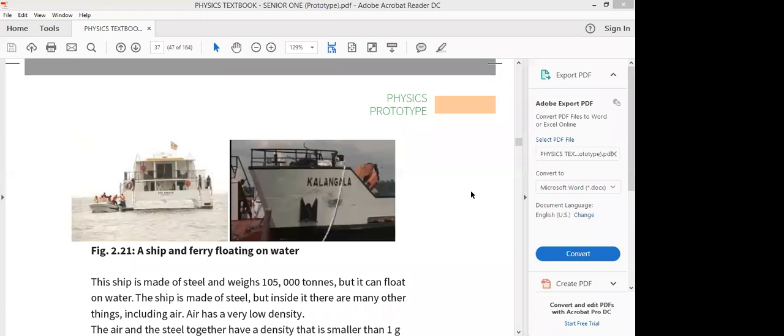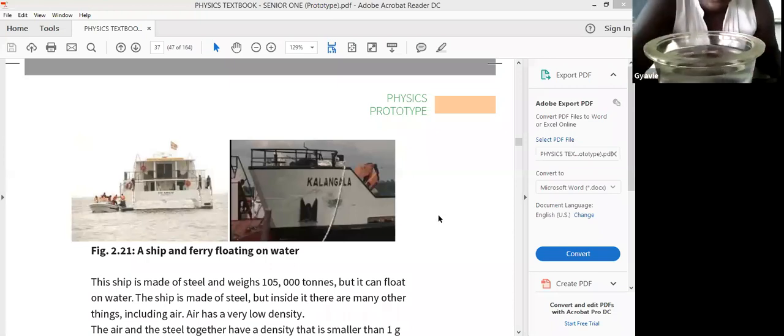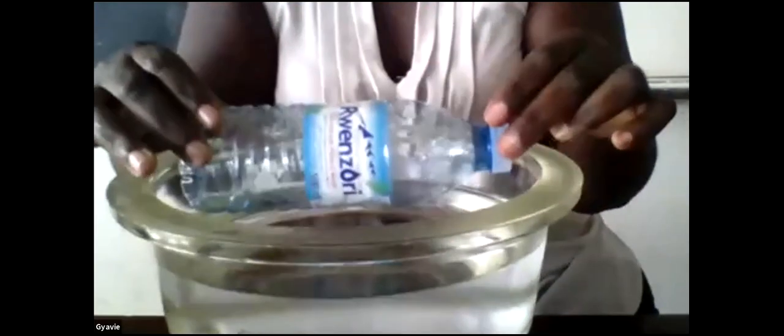Okay, so this is going to be my... Let me unshare. Okay, there we are. So this is going to be my ship. You notice this is an empty bottle.